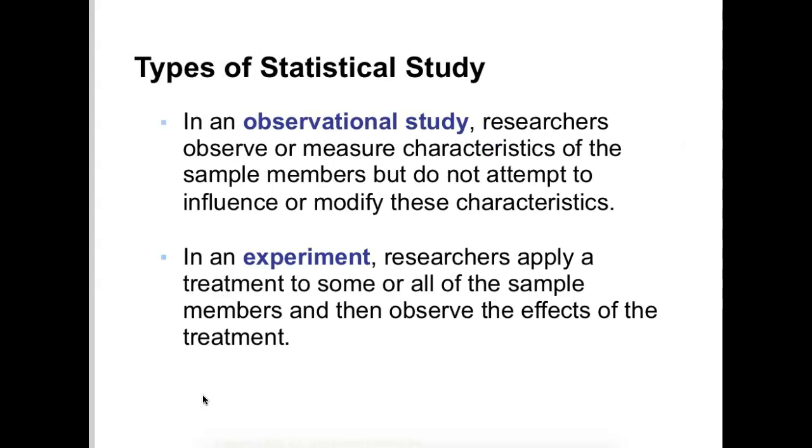So there are two types of studies, basically. You have an observational study in which you just go out and observe or measure characteristics of sample members, but do not attempt to influence or modify those characteristics. And then there's an experiment, which is the opposite. You are applying a treatment.